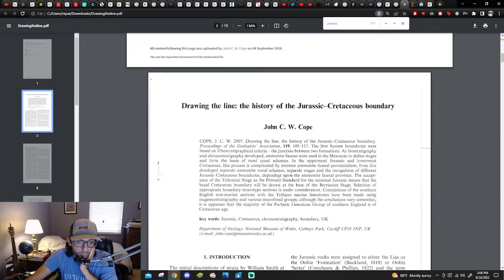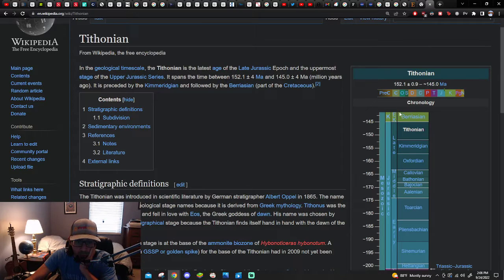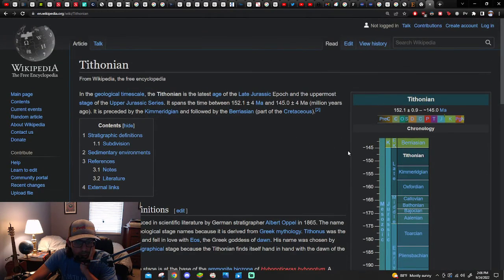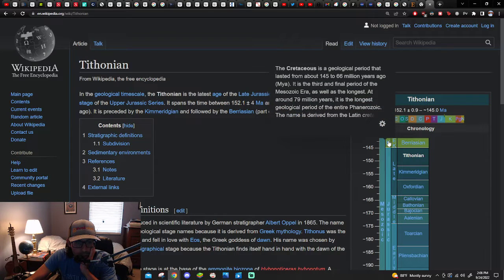Acceptance of this as the primary standard for the terminal Jurassic means that the basal Cretaceous boundary will be drawn at the base of the Berriasian stage. So according to Wikipedia, this has snuck its way into potentially being part of the Jurassic. Oh no. Oh yeah, they list it as Cretaceous.